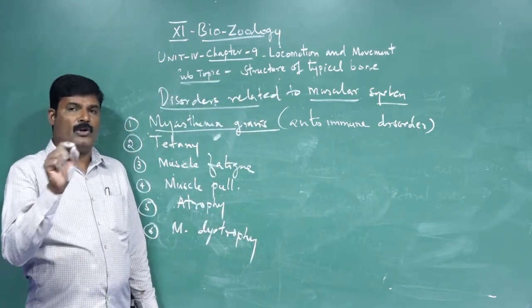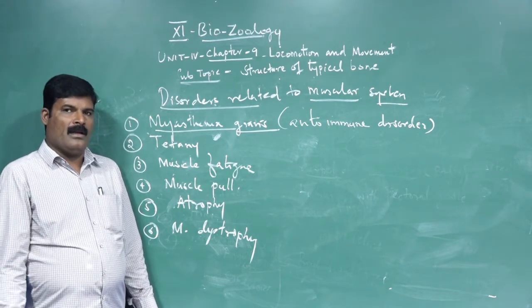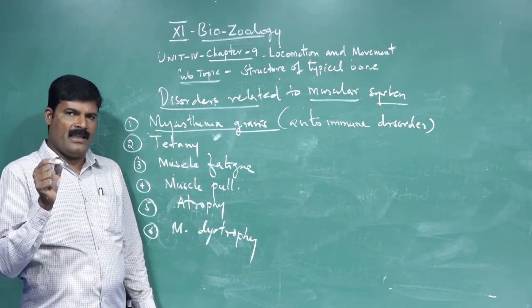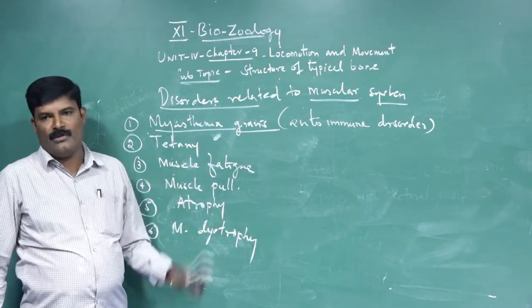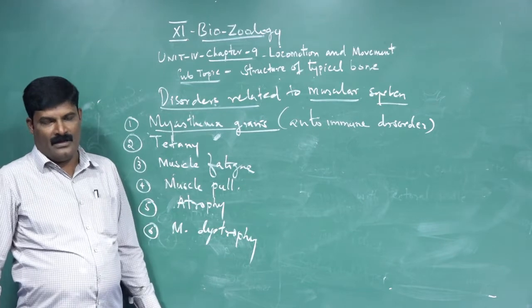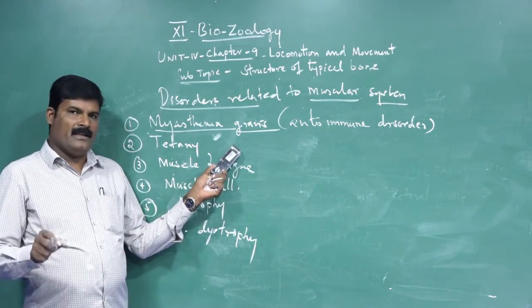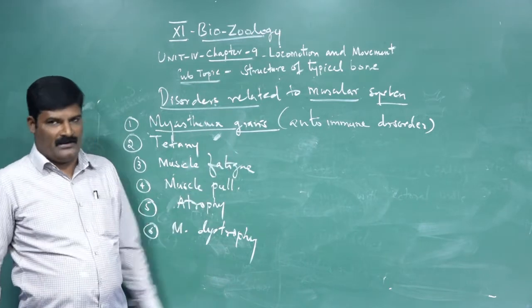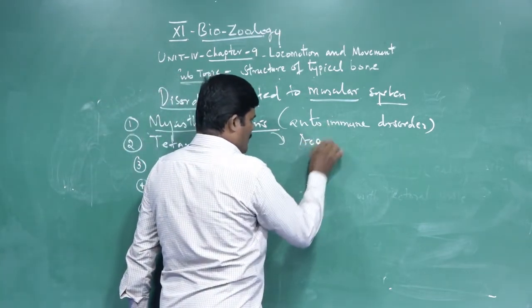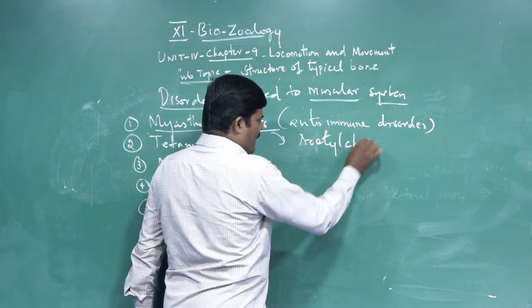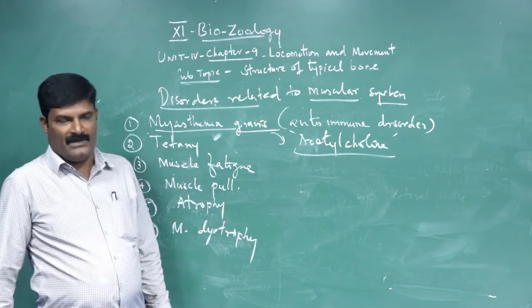When our immune system destroys our own cells or tissue, it is called an autoimmune disorder or disease. Normally, it affects the action of acetylcholine. Acetylcholine is otherwise called a transmitter.